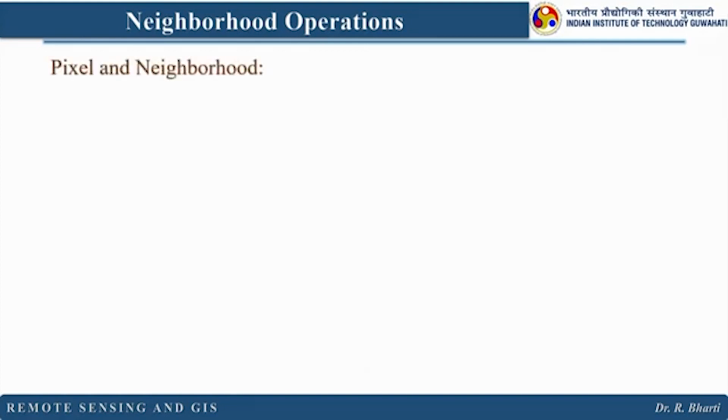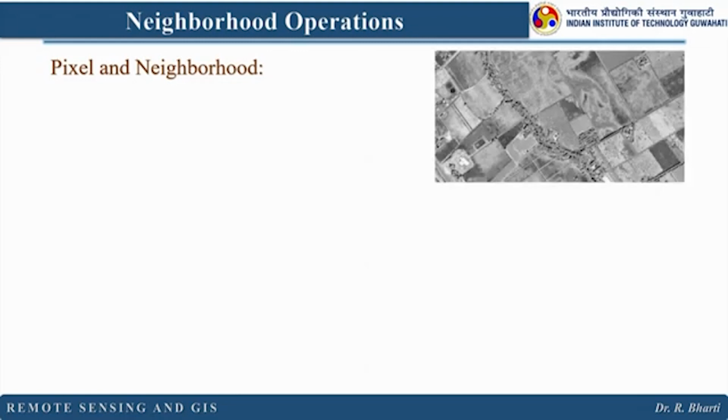Now pixel and neighborhood. So let us take this example. When you have an image, this is an image and you want to run the neighborhood operation for this pixel E. Let us assume we have taken only this particular window.